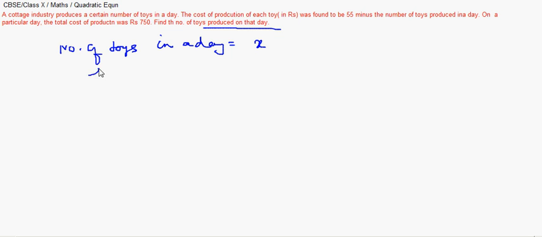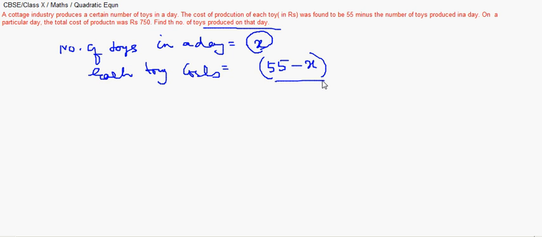So if in each day x number of toys are produced and each costs this, then the total cost of production is x multiplied by cost of each such toy. So it's number of toys multiplied by cost of each toy gives you 750.